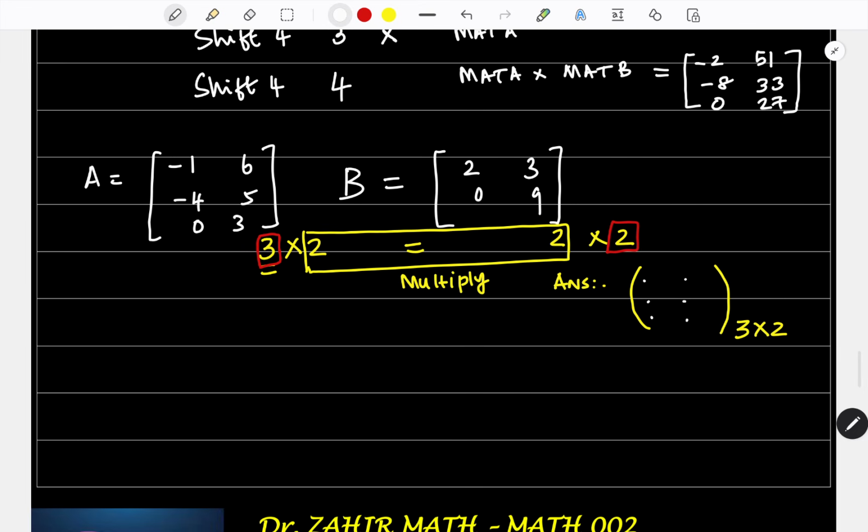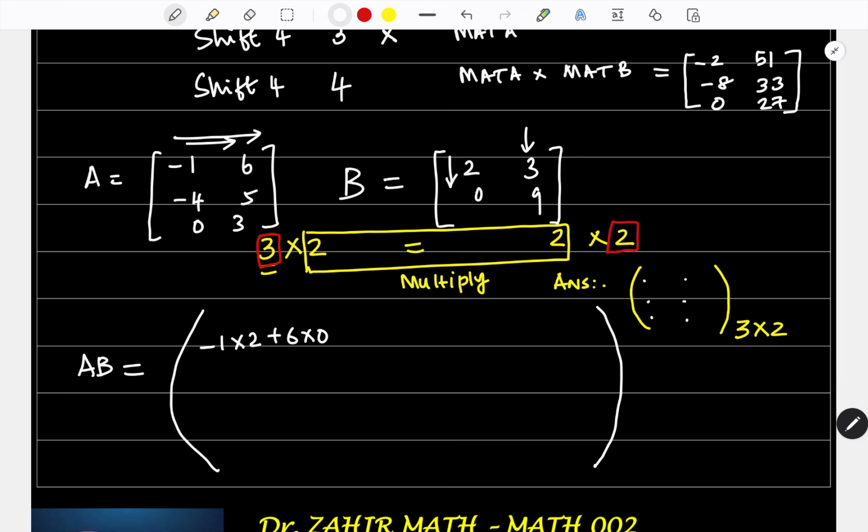So how are we going to do it? I'm going to start with AB. Let me open the matrix. First row, first column: -1 multiplied by 2 plus 6 multiplied by 0.